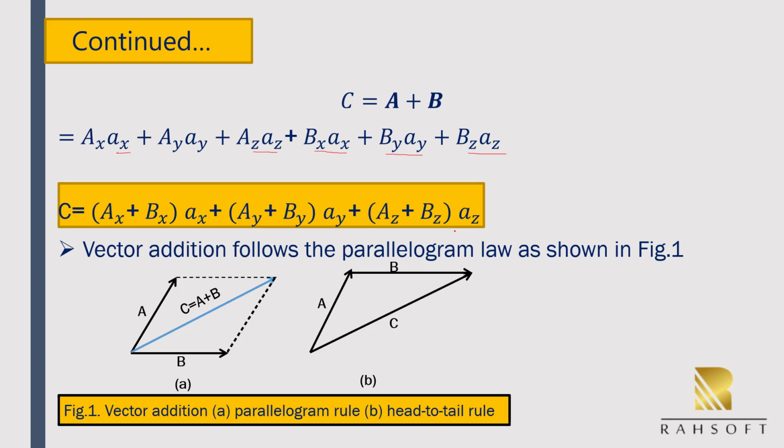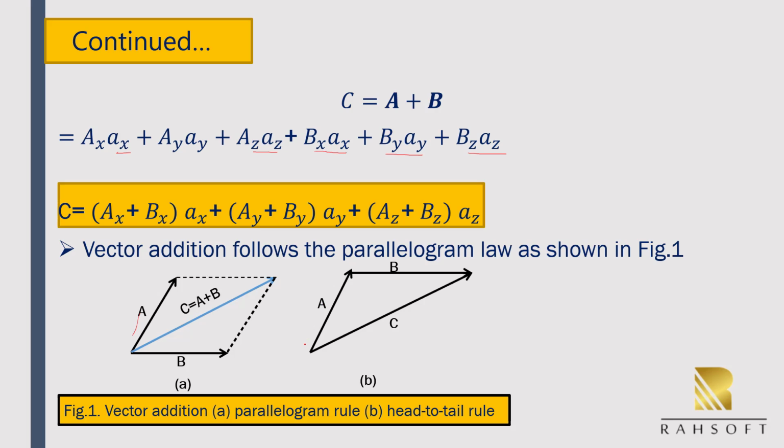Vector addition follows the parallelogram law as shown in figure 1. You can see vector B and vector A give the resultant C equals A plus B. Now join these lines, which shows that it's a parallelogram. So vector addition is shown by the parallelogram law, and figure B is showing the head to tail rule.